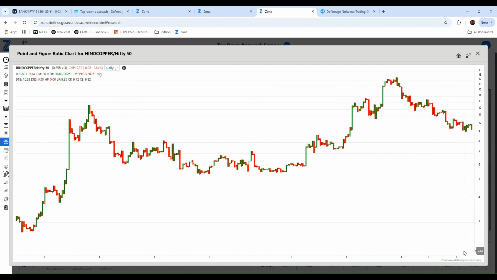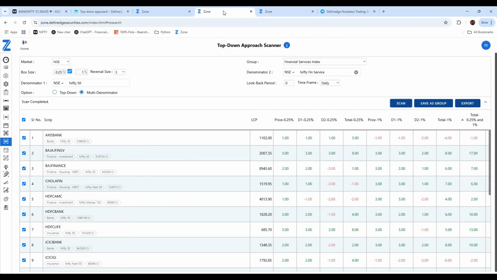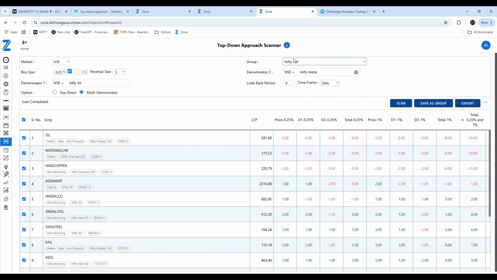So Hind Copper here, JSL in financial services. Let me put Nifty 50 here. Okay, Nifty 50, and let me do this on Nifty 500, and actually let's do it on Nifty 50 and Nifty 500.